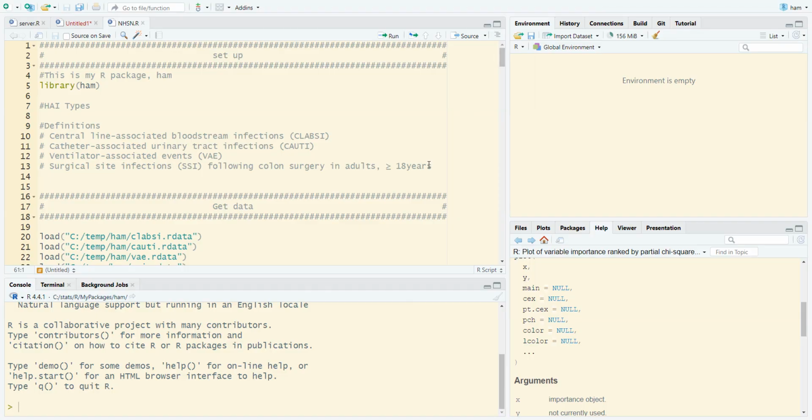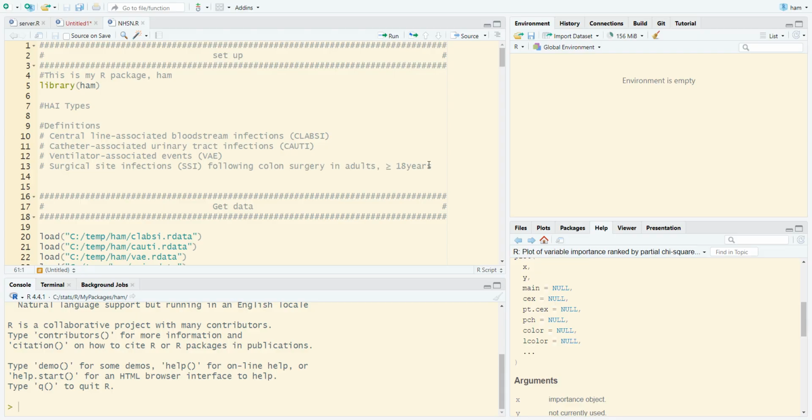Hi, this is a demonstration of using the R package HAM to analyze the NHSN SIR, or standardized infection rate, data from the Center for Disease Control and Prevention, the CDC, using their data from their NHSN department, which is, I think, the National Healthcare Safety Network.